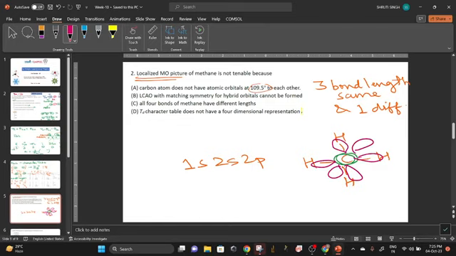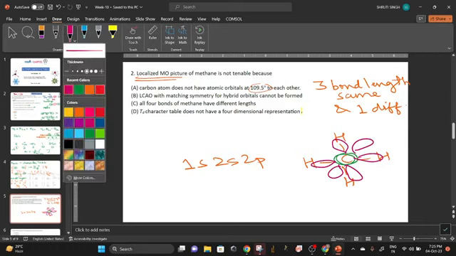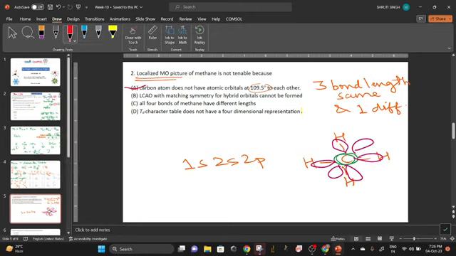So the first statement is true: the atomic orbitals are not in the correct orientation or direction, so they cannot form a localized bond. Next, in the tetrahedral character table there is no four-dimensional representation. That option is also correct, so let me explain why.